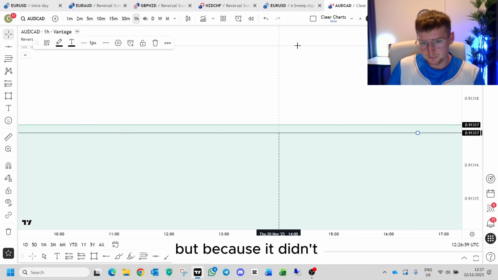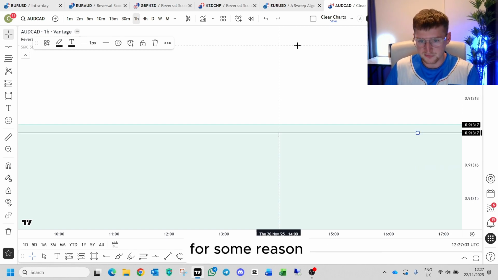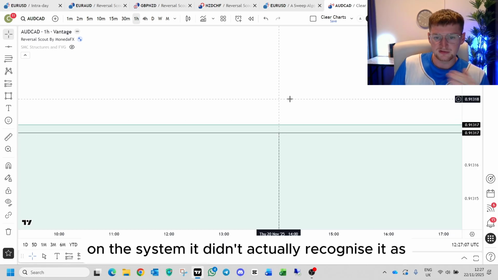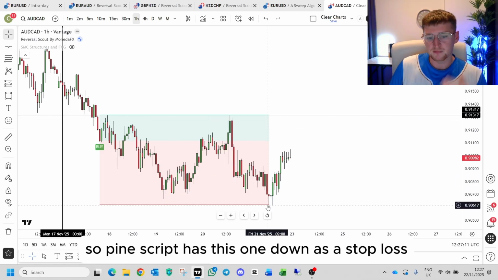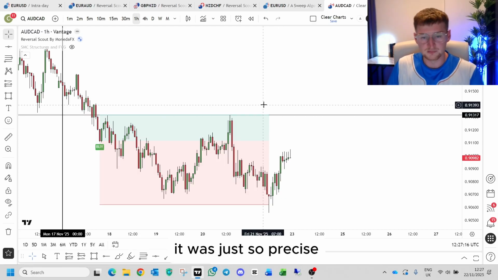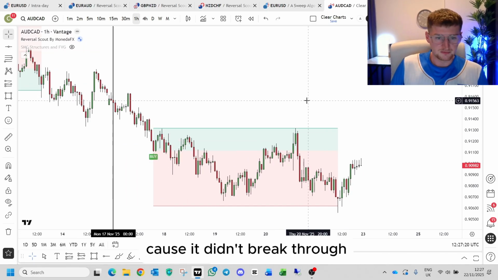But because price didn't break through the TP, the system didn't actually recognize it as a TP hit on the Pine script. So Pine script has this one down as a stop loss, but when we took it, it actually did hit TP. It was just so precise that the Pine script didn't pick it up because it didn't break through.